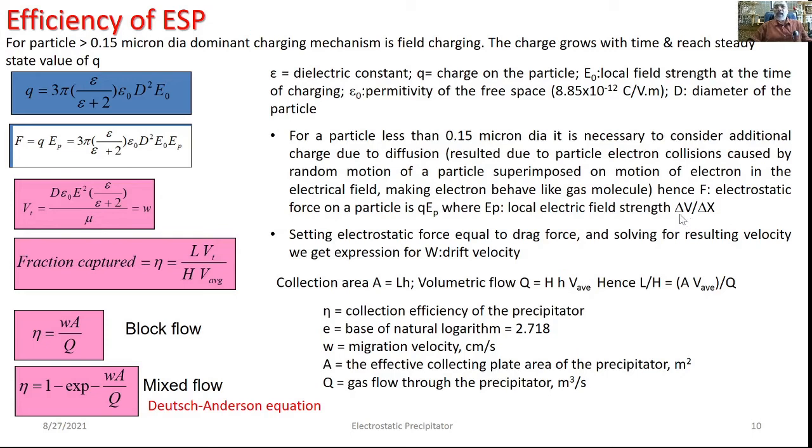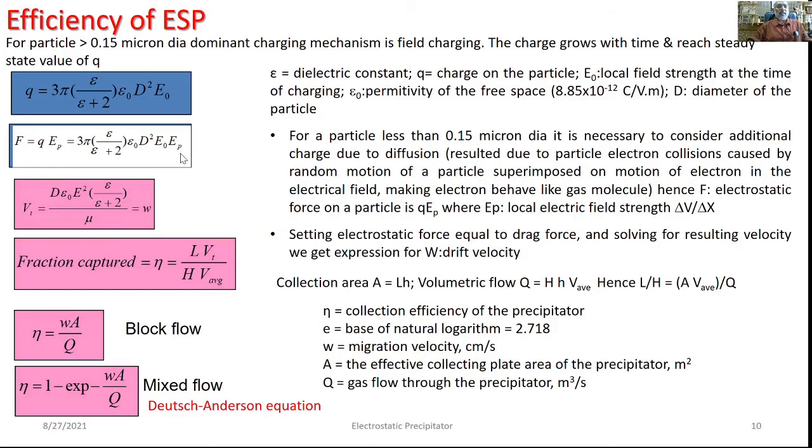Hence, this F, which is the electrostatic force on the particle, can be expressed as Q times EP. Now, E0 is the local field strength at the time of charging, whereas EP is the local field strength.